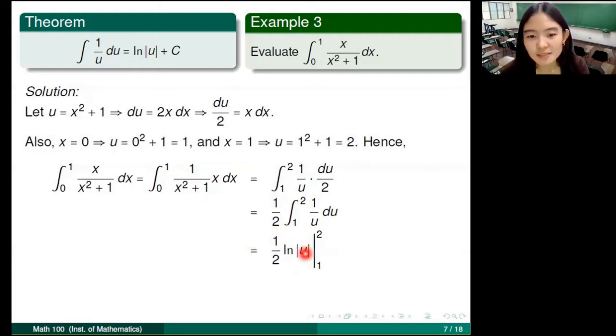This notation just means that we are evaluating the function here, which is 1/2 ln absolute value of u from 1 to 2. Recall natin, nagsisimula tayo dun sa upper limit of integration and we substitute that into our variable u.